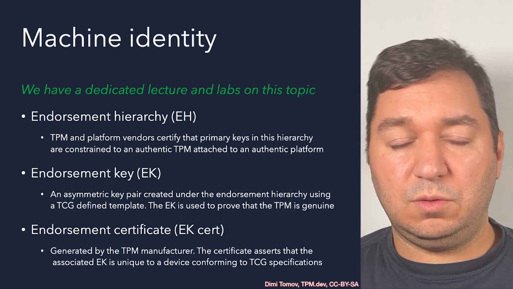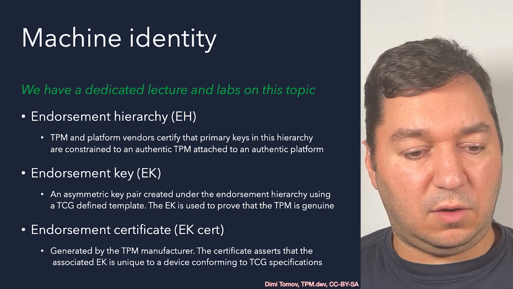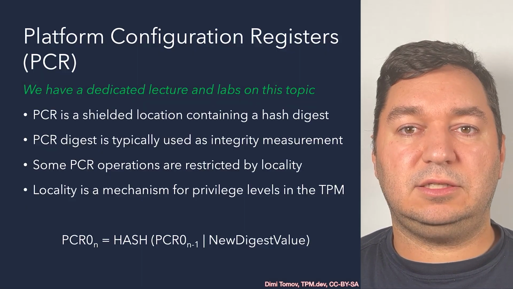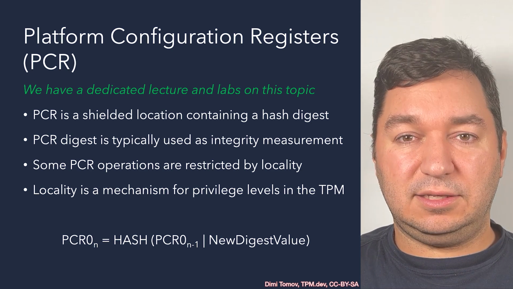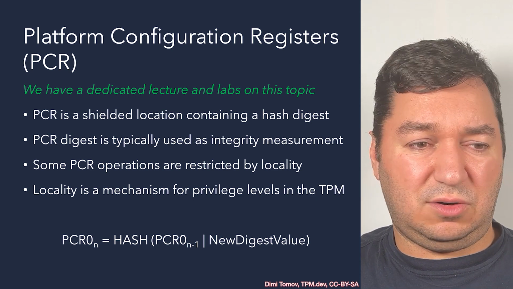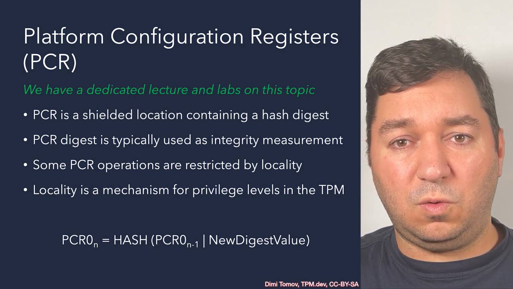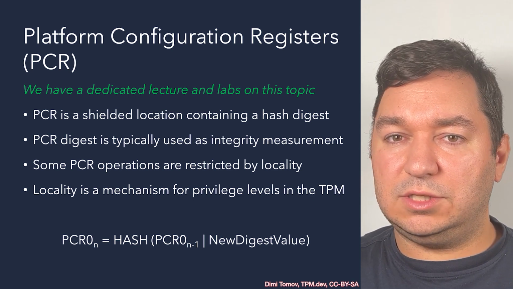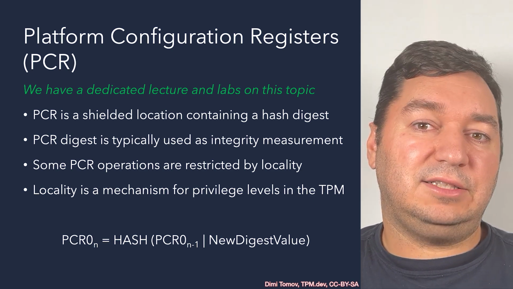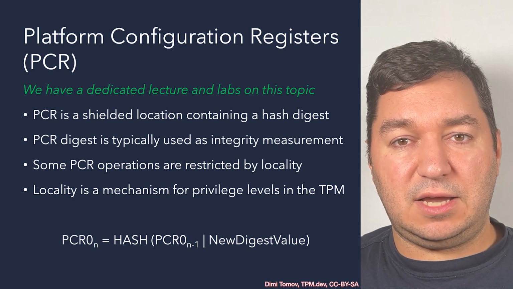And of course, we wouldn't be able to do that without a mechanism built in the TPM called Platform Configuration Register. In essence, the PCR is just a register memory that can hold a hash digest of a given size. And while it sounds simple, there is more. There are special properties of the PCR.